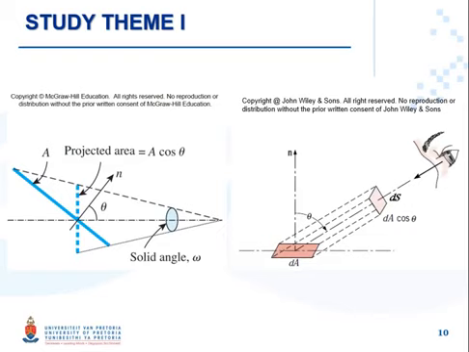In this picture, if it's not normal, instead of dA we are going to use the effective area of dA for emission in the direction of theta, which is the projection of dA on the plane normal to theta. So instead we use cosine theta. Of course, if theta is normal, the cosine of 0 will be 1 and everything will be okay.